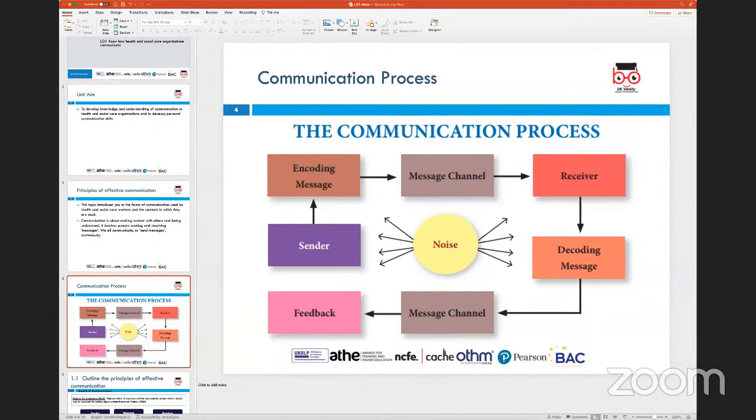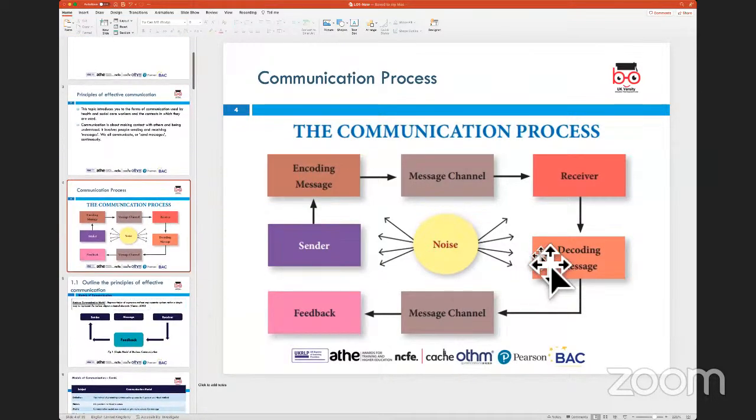So when the communication process is hindered or has some sort of distortion, that is treated as what is called noise. And this is what is called the communication process.